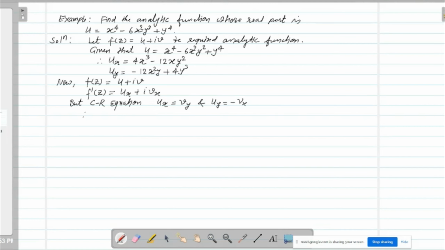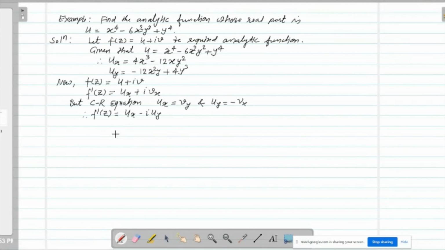So therefore we have f dash of z is equal to ux minus i uy. Now substitute the values of ux and uy we found here.